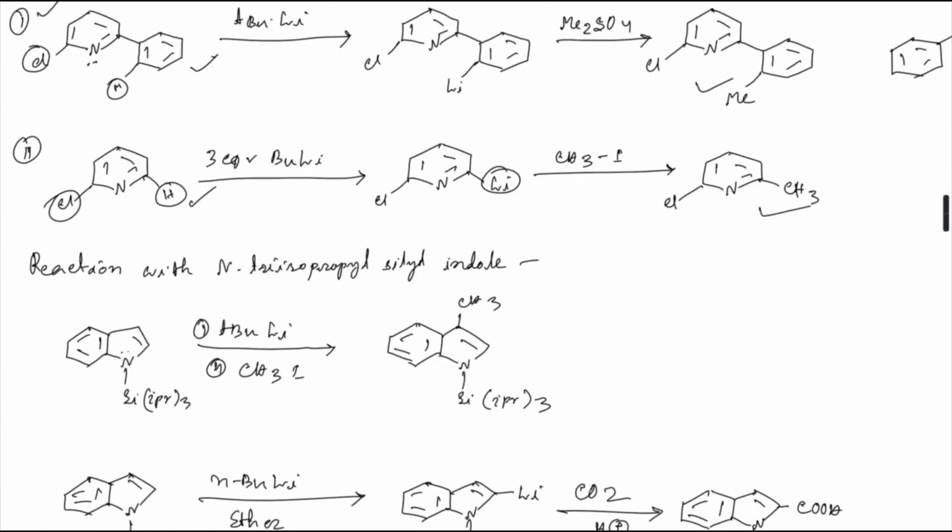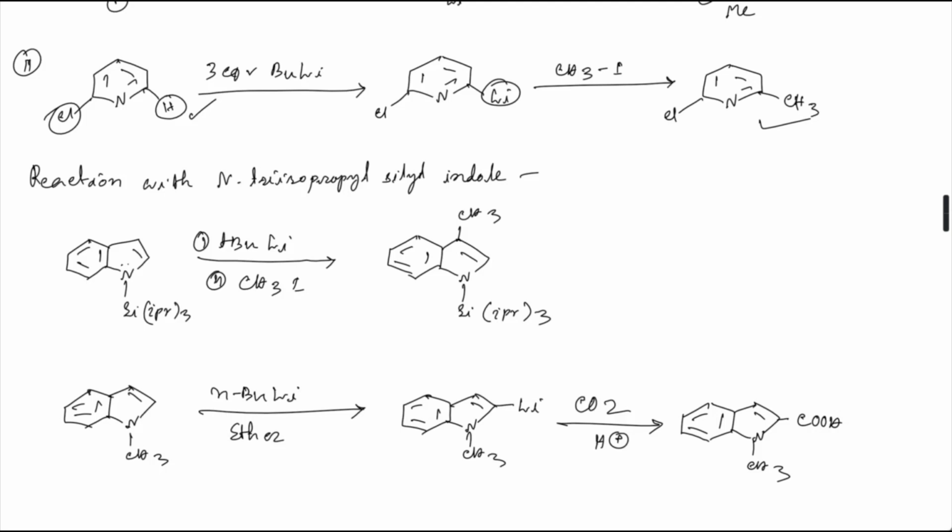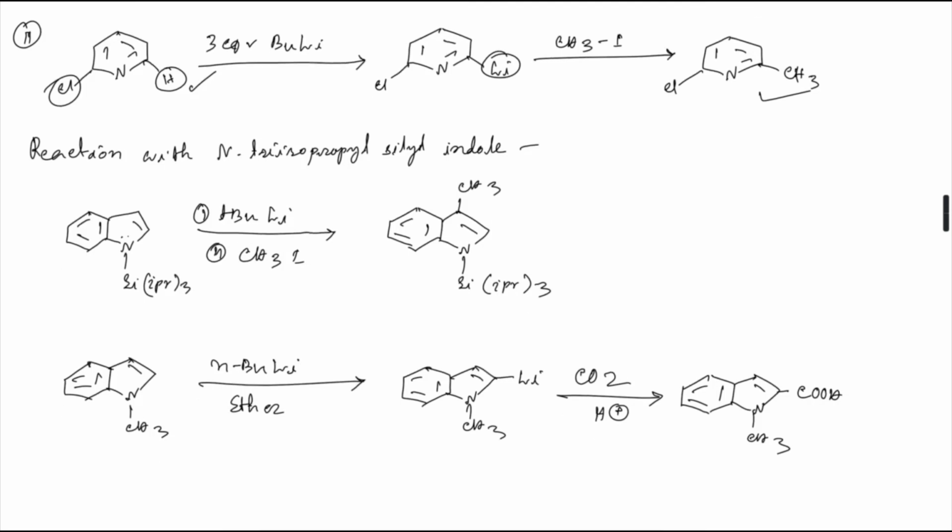Now another thing is the reaction with N-triisopropylsilyl indole. N-triisopropylsilyl indole, when treated with tertiary butyl lithium, gives the 3-substituted product. This may be because of the presence of vacant d orbitals on silicon, the nitrogen lone pair is delocalized to this silicon, and that's why it is not available for directed ortho metalation.